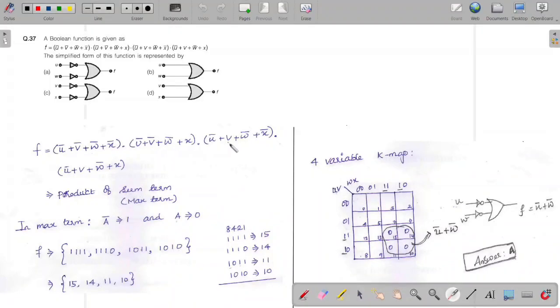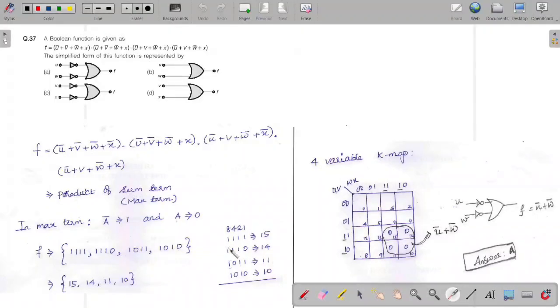Next term, 1, 0, 1, 1. Next term, 1, 0, 1, 0. Okay, hope you understood. Next, we are converting this binary format into decimal format.